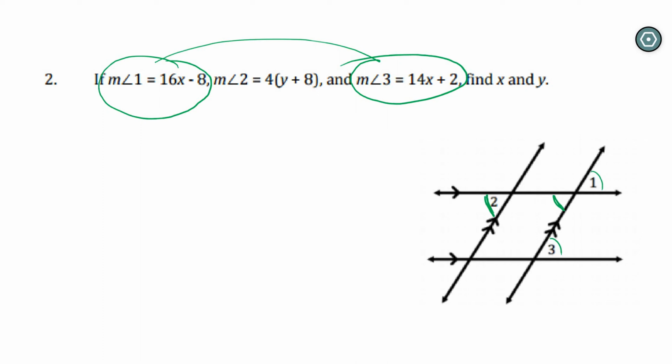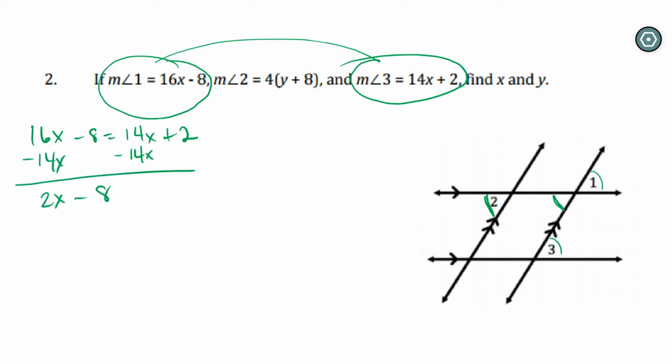That just becomes confusing. So if I make my equation 16x minus 8 is equal to 14x plus 2, well, then I can go and subtract 14x, giving me 2x minus 8 equals 2. Add 8, give me 2x equals 10, divide by 2, or x equals 5.